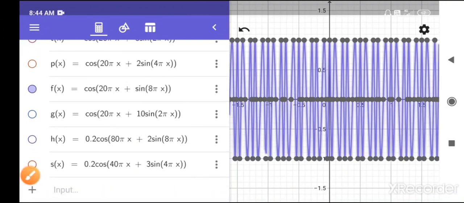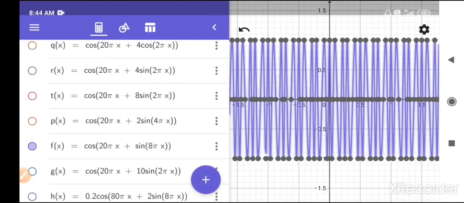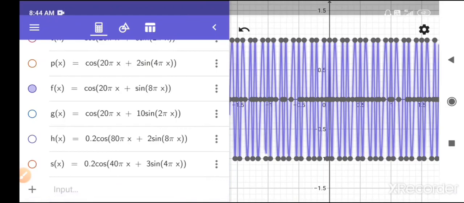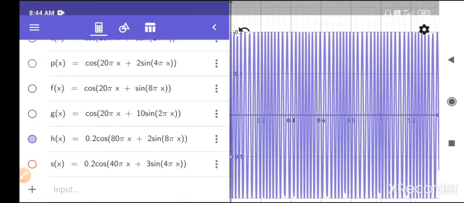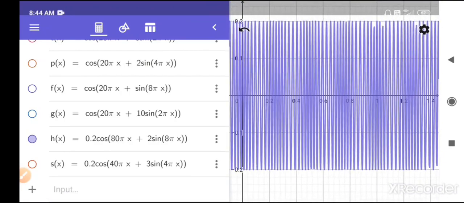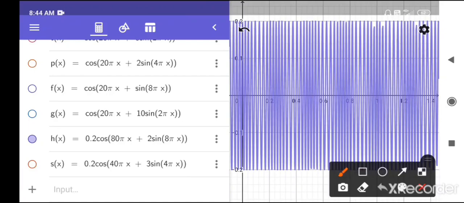But for the same equation, if we also change the fc value, now we can observe the high frequency and the low frequency range. If we look carefully into it, we can observe this high frequency and low frequency range.